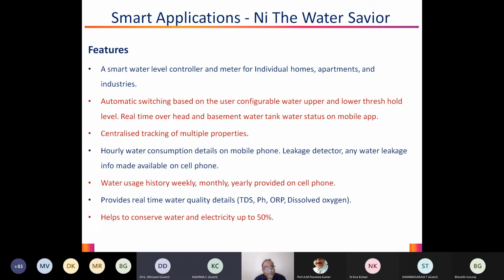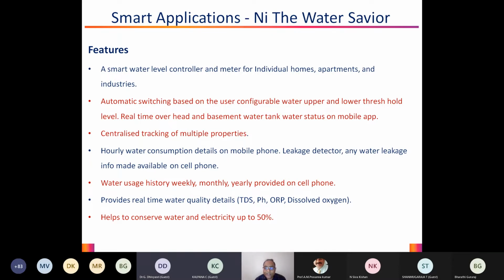It will not only identify the water levels, it will send all these details to your cell phone, and it will also give you the option of switching off your smart water system from your cell phone. It will also detect water parameters like the quality of water, whether it is TDS, pH, ORP, or dissolved oxygen, which can also be seen on your cell phone. And one more important feature is that it will detect any water leakage that happens in the household. That is a very important feature.